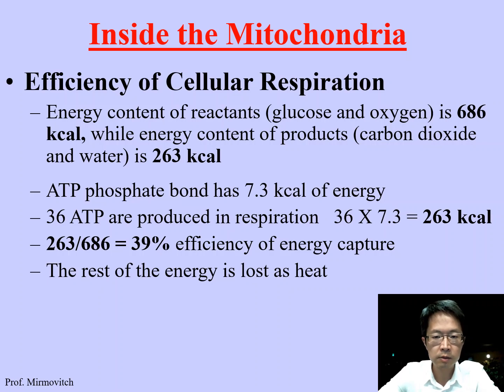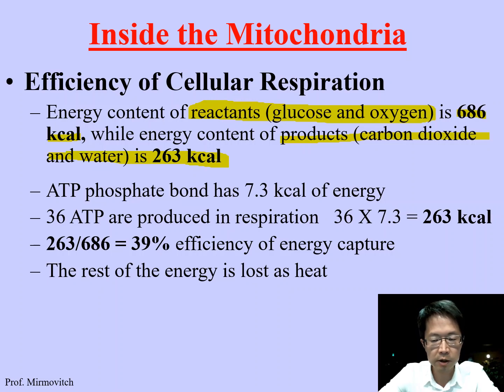So the energy stored in glucose and oxygen is approximately 686 kilocalories. That is the total amount of energy stored in the glucose and oxygen. But the products, carbon dioxide and water, only have 263 kilocalories.